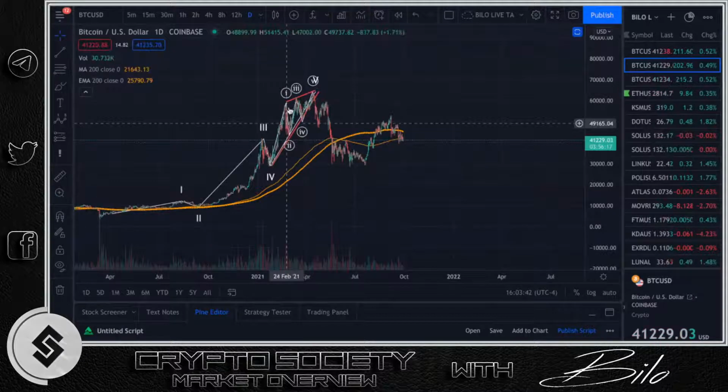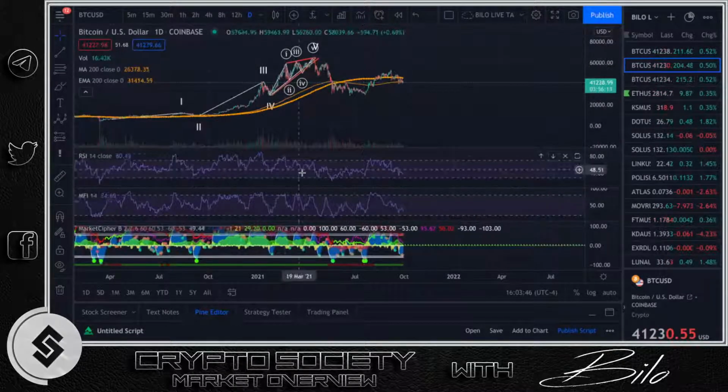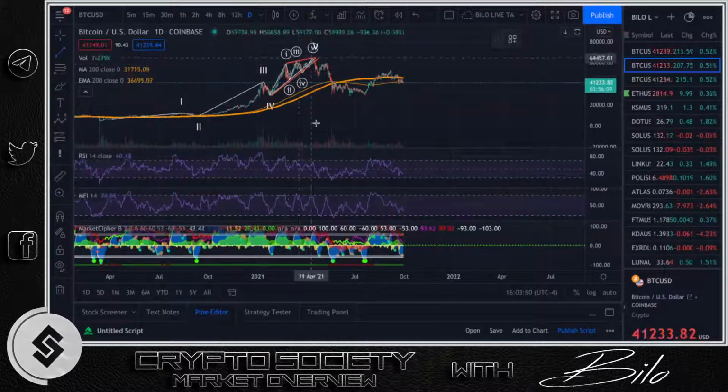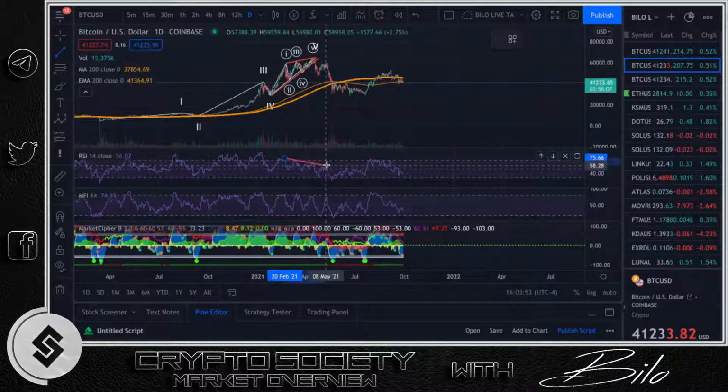The other thing is, while we were making higher highs, we were making lower highs on the oscillator, on RSI. So as you see here, we're making higher highs, and you look at the bottom, we were making lower highs.